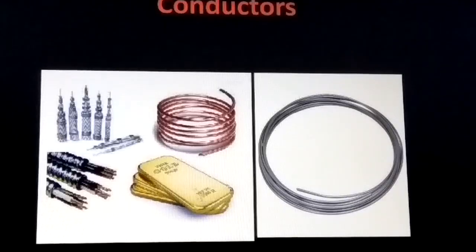These are the examples for the conductors. The mostly or widely used metals are copper, aluminium and nichrome.